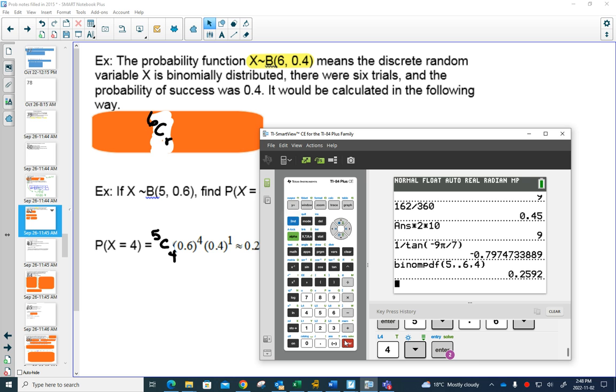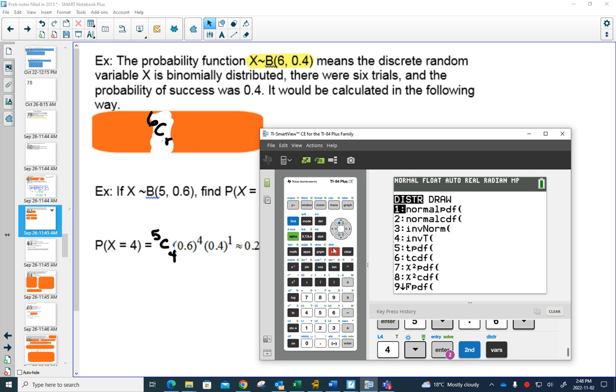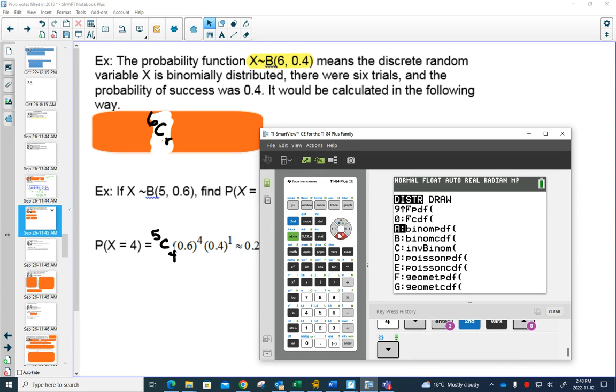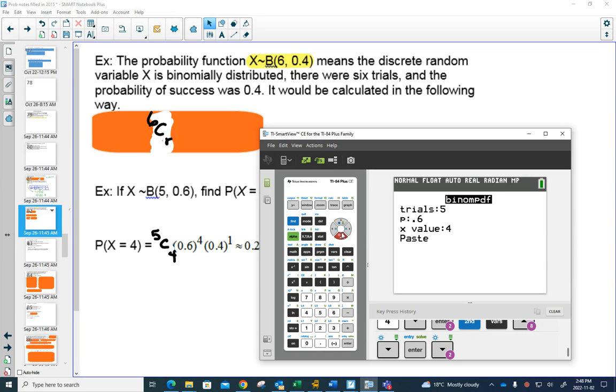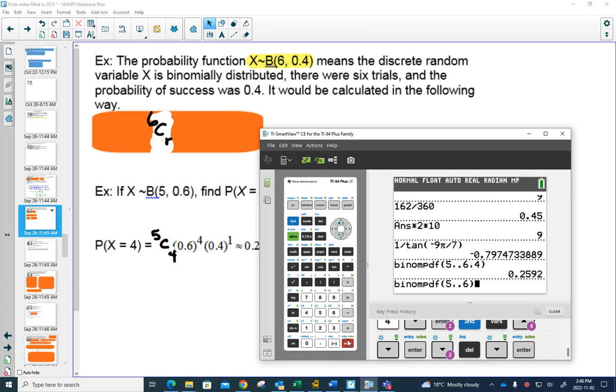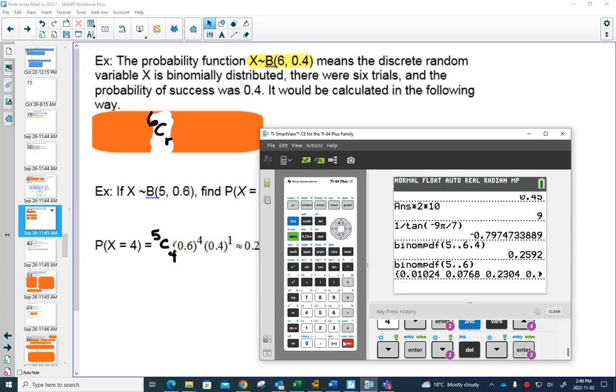I'm going to go back to that binomial distribution, binomial PDF. If you don't put in the x value and leave that blank, it will actually calculate the whole probability chart.